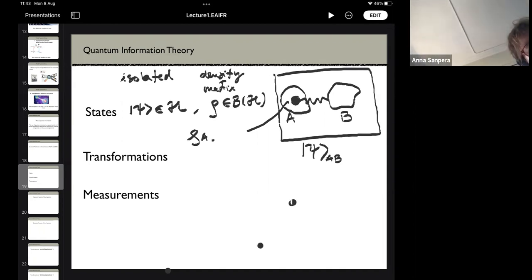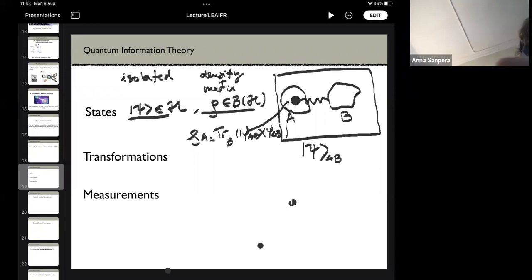Tracing out the universe means to trace B out of my state. It's as simple as that. So for isolated systems we use vectors, and when the system is not isolated we describe it by a density matrix.